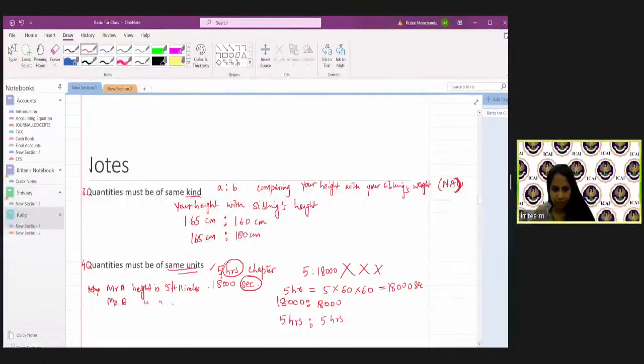He said, my height is 170 centimeter. No comparison, no ratio. Convert this into centimeter or this into feet. We then get compared. So just remember, when you're identifying a relationship between certain quantities, they must be of the same kind, like I'm talking about height and height, or time spent on studies. They must be of the same kind as well as of the same units.